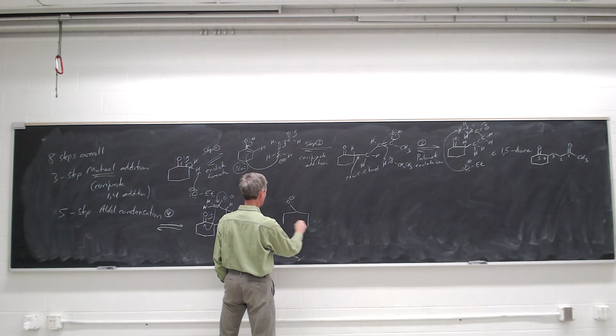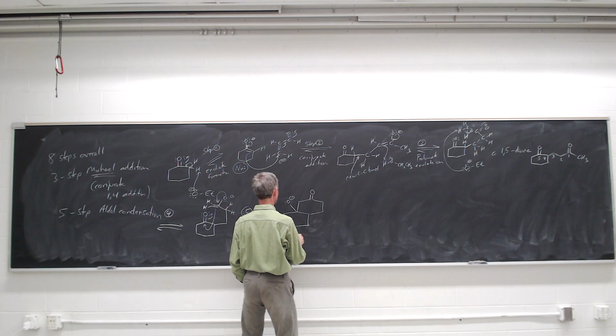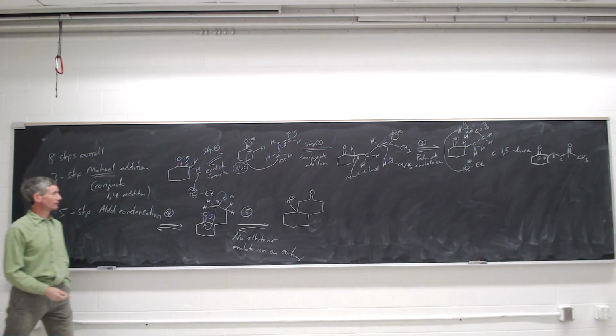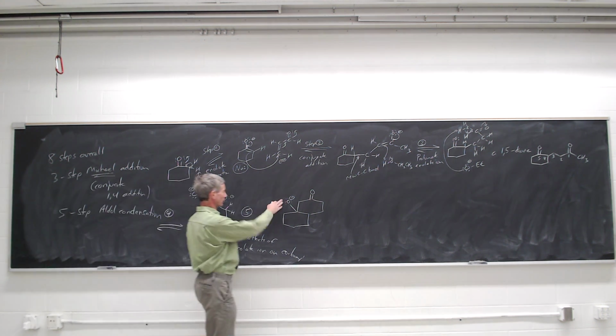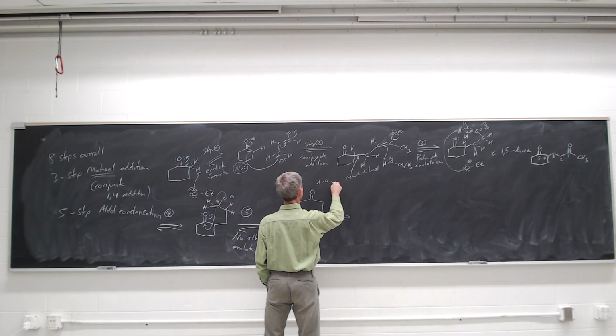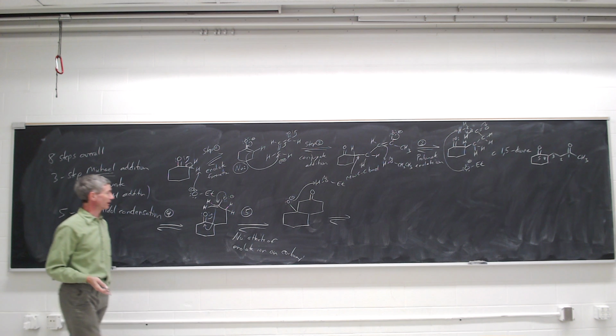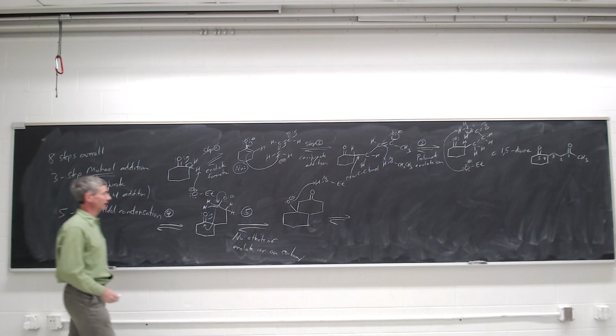Generate alkoxide. Now we're going to protonate that in step 6. And again, we're going to regenerate our base, our ethoxide ion.